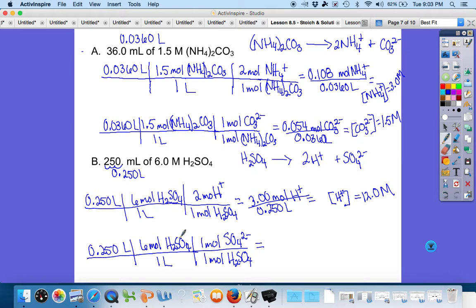So 0.25 times 6 times 1 is going to give us 1.5 moles of our sulfate ion. Divide by our volume of 0.25 liters. 1.5 divided by 0.25 is going to give us a concentration of our sulfate ion to be 6 molar.